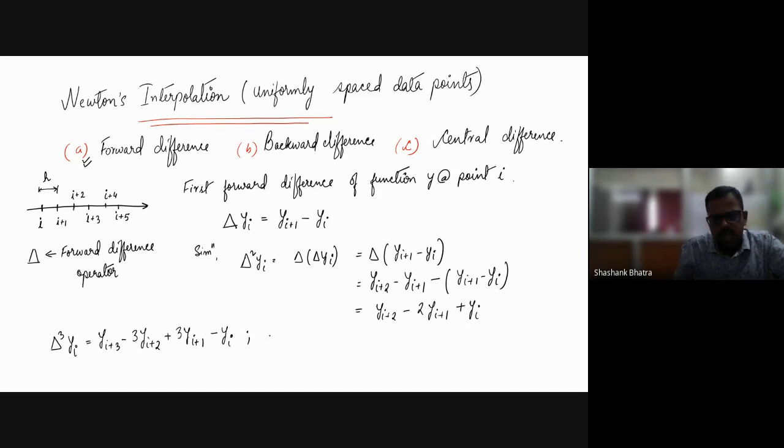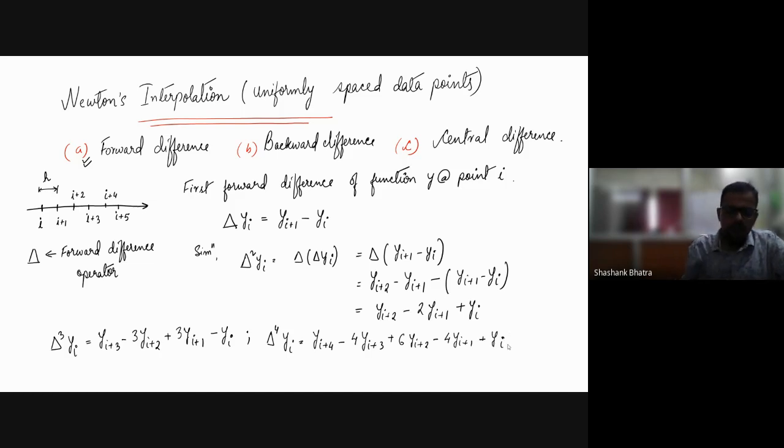And most of the time we utilize the fourth one as well. So what will it be? If you go on in a similar manner as we have obtained for the second order operator, it will be yi plus 4 minus 4 times yi plus 3 plus 6 yi plus 2 minus 4 yi plus 1 plus yi.